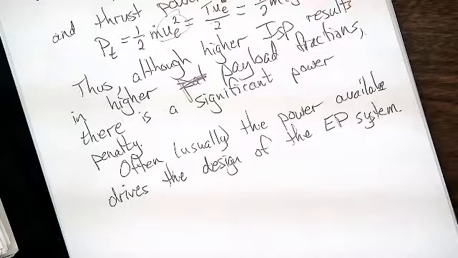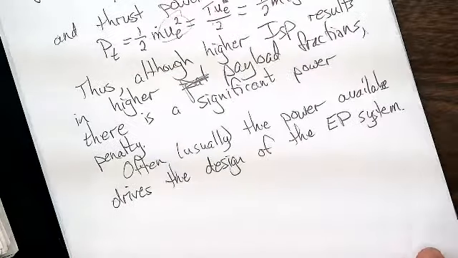So it's typical, at least in Earth orbit, that you've got solar arrays on satellites that are typically going to be limited to on the order of 30 kilowatts. And so that kind of puts the limit on what you can do with a thruster.